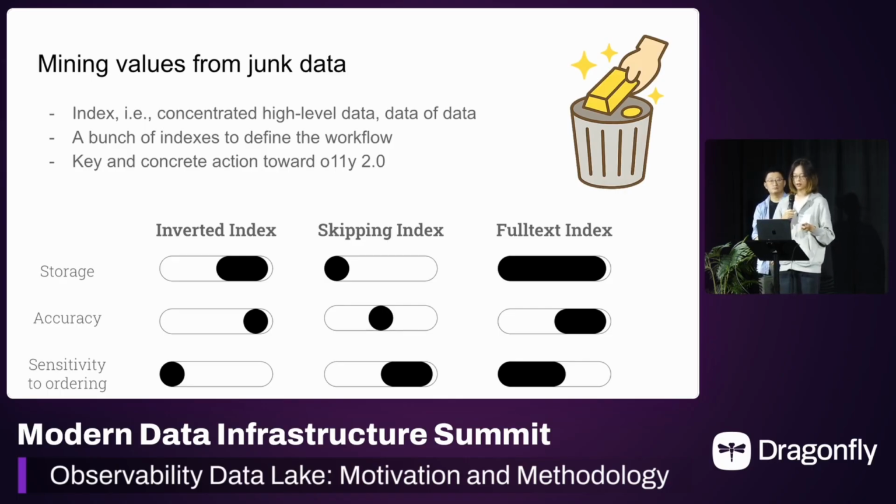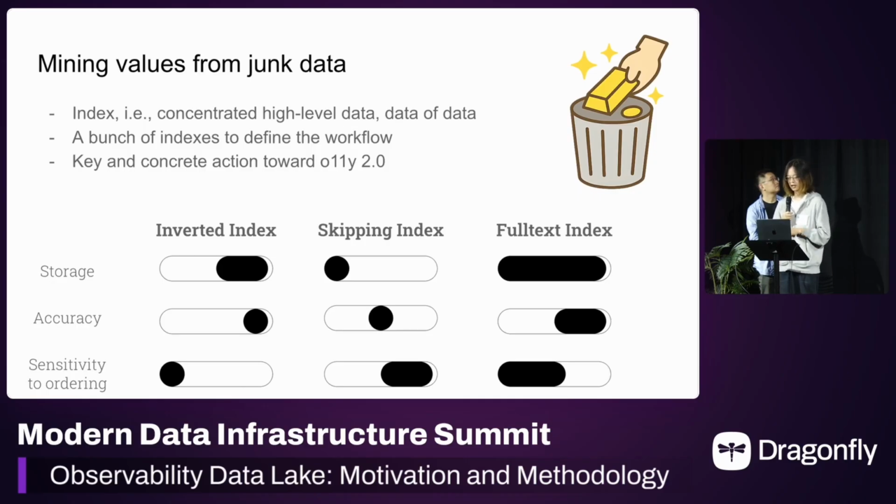So in our practice, for a logs scenario where we want to do full text search, and at the same time we want to extract some timeline or time series from the same data, we can, for example, put a skipping index and a full text index on it. By doing this, we can get good performance for either a single point get as well as a full text search.